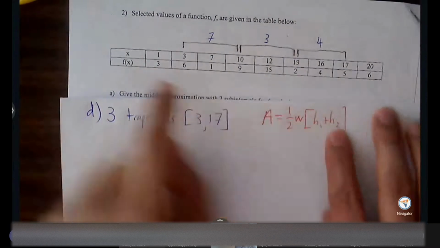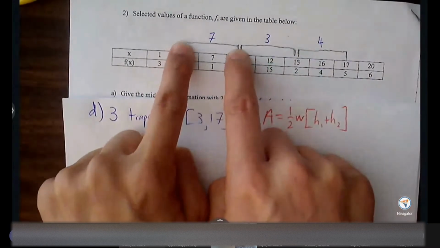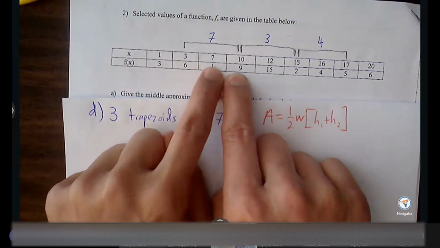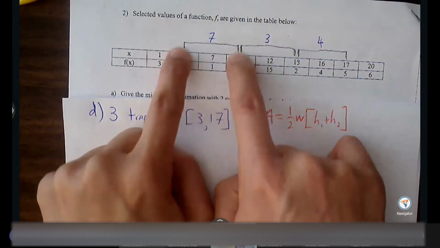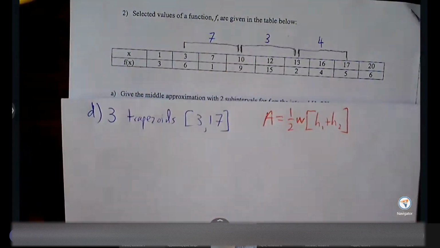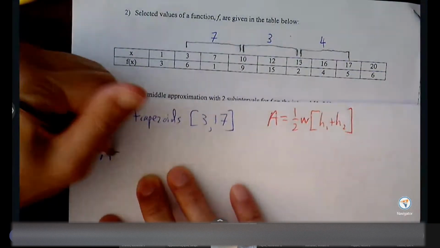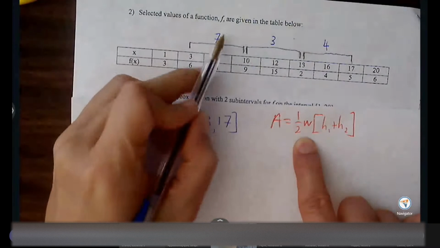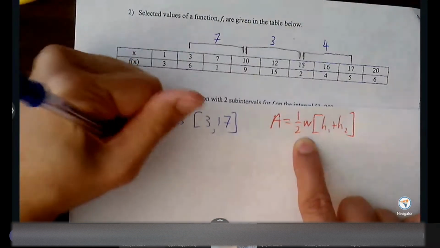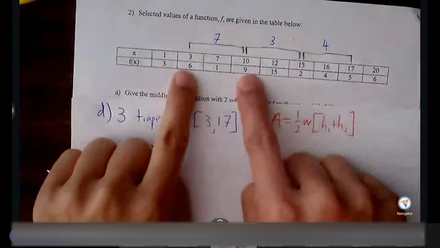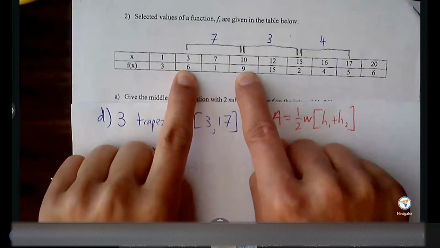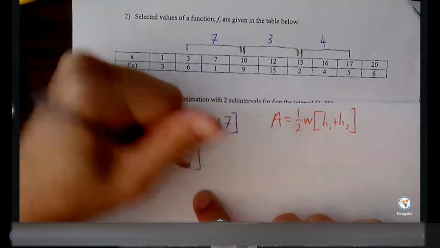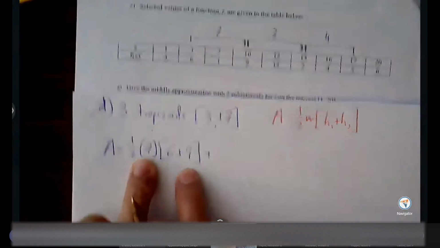Now for each trapezoid, we're going to be pulling two heights, but just the ones at the end, just where your interval starts and ends. We don't care about the middle one. We only care about where your interval starts and ends. So my first trapezoid has an area of 1/2 width. My width for my first trapezoid is 7. And then I just want to pull the two heights, height 1 plus height 2. Okay, I'm done with my first trapezoid.